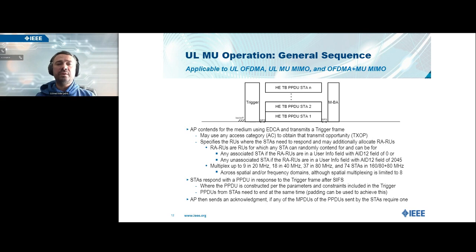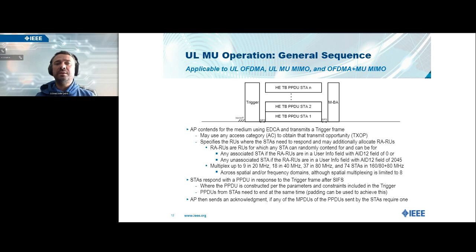And one requirement that we do have to ensure is that there is no extra idleness in between the frames that are being exchanged that would give opportunity to overlapping stations or neighboring stations to gain access within this frame exchange. We do require that these PPDUs end at the same time. So this HE TB PPDU by station 1, station 2, and station N, they have to end at the same time so that the separation between the PPDUs and the immediate response that is being sent by the access point, the Multi-STA BlockAck, is SIFS.